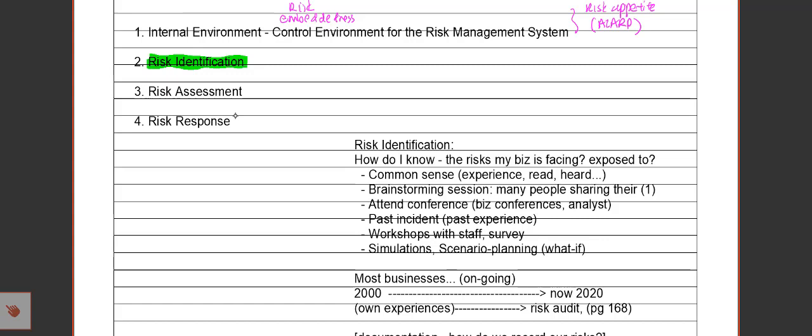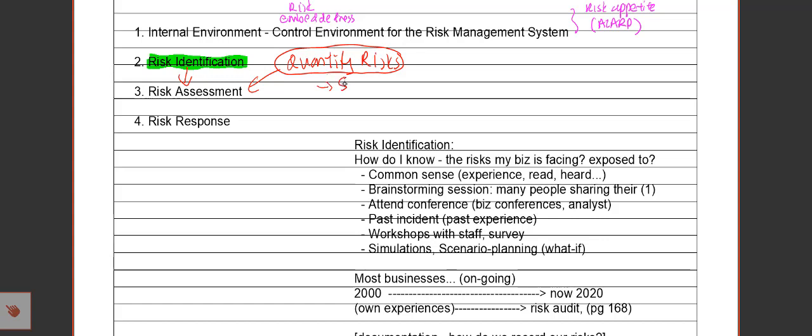Okay, now once your risk has been identified, the next thing you have to do is to assess it. So assessment is for us to quantify our risk, and the quantification of risk will take into account a couple of things. One is to understand that environment can change.